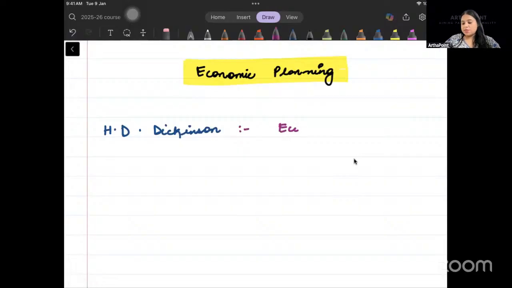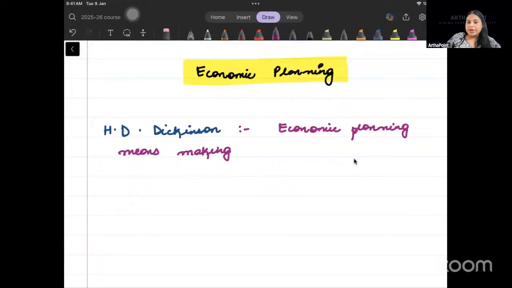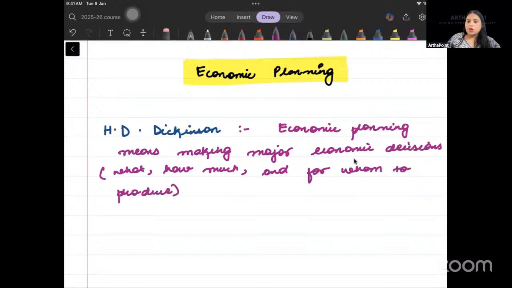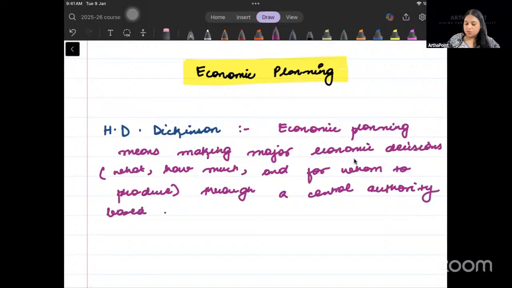And it says, economic planning means making major economic decisions: what, how much, and for whom to produce, through a central authority, based on a full survey of the economy.